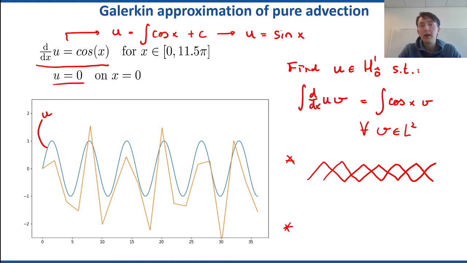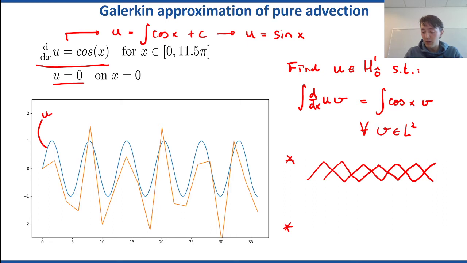Now, why is that? Again, following the analysis from before, we required inf-sup, which meant in this case that for every function u, we want to be able to choose a v that is going to be equal to the derivative of u.